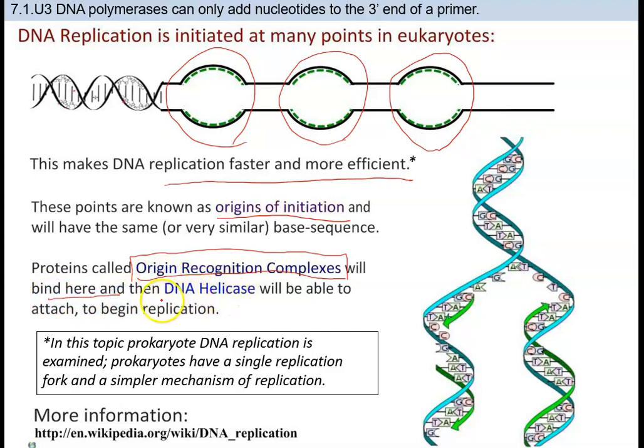then DNA helicase will start to separate the DNA at these places. So let's say again, the complex will recognize the area, let's say here, or here, or here.